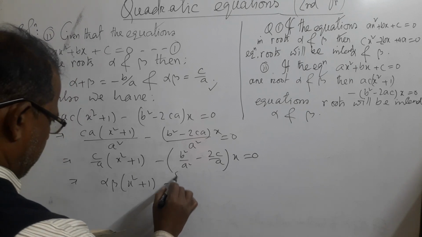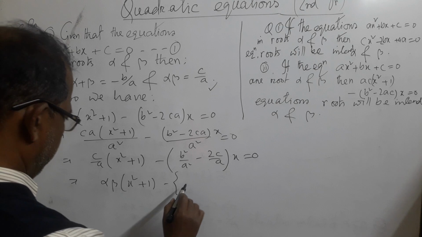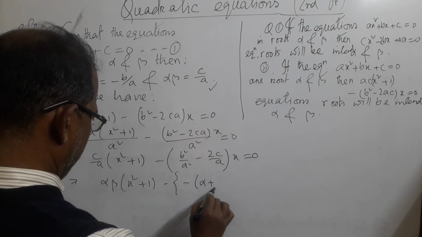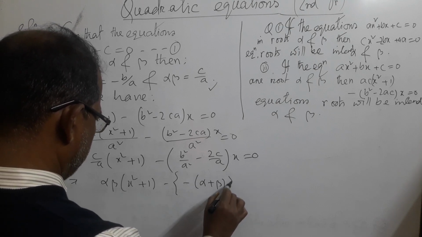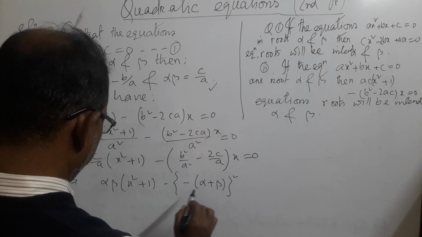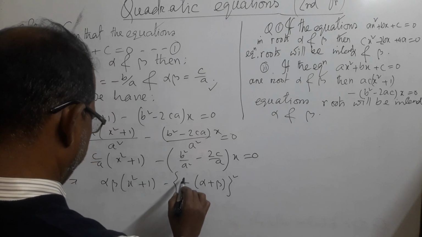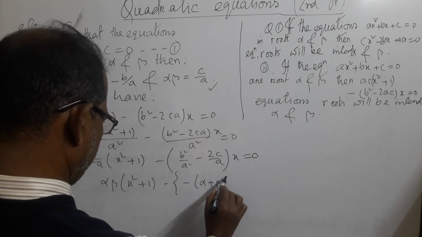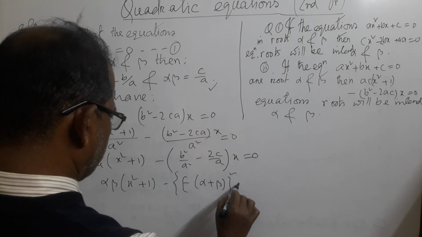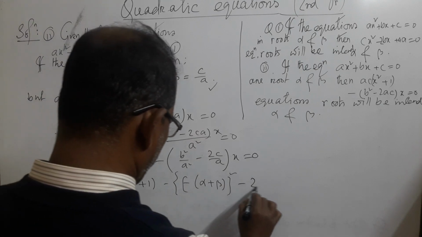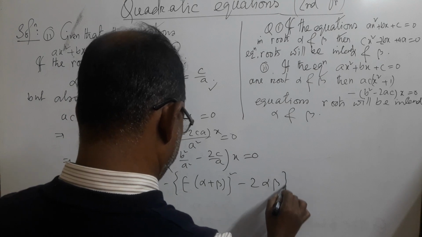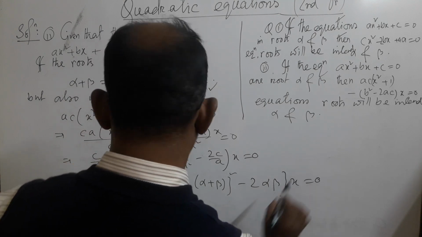That implies alpha beta x² plus 1 minus (b by a) whole square, that is minus (alpha plus beta) whole square, minus 2 alpha beta into x equals 0.